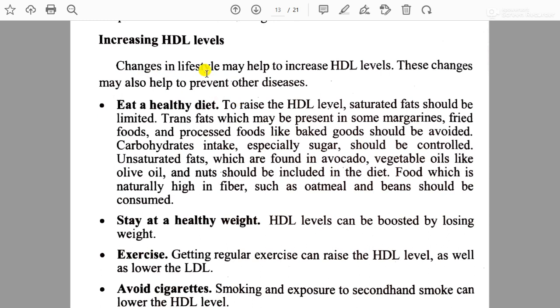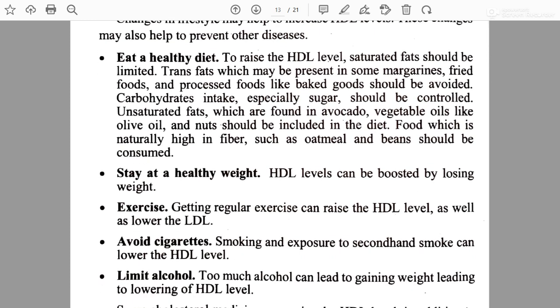So, increasing HDL levels. Changes in lifestyle may help to increase HDL levels. These changes may also help to prevent other diseases. Let us see the ways to increase HDL level in our body. First is to eat a healthy diet.